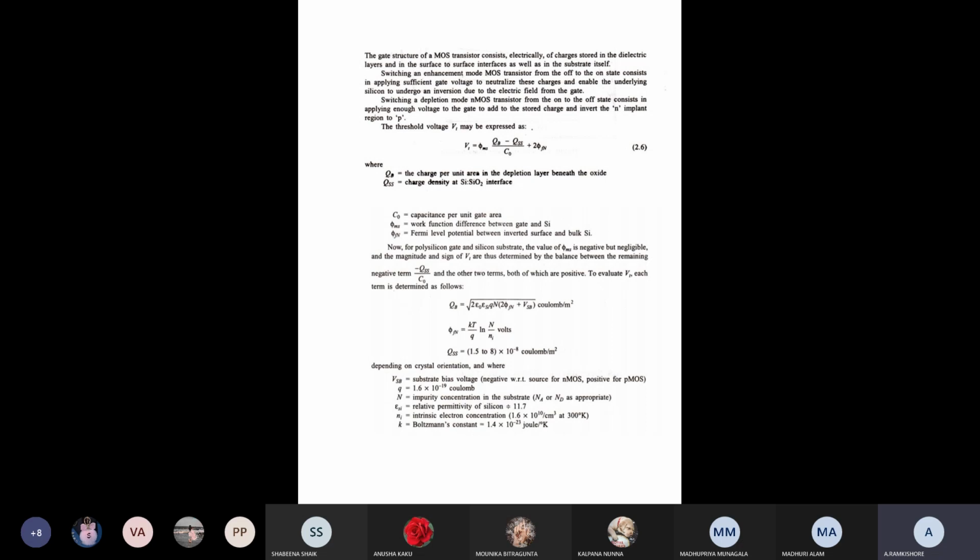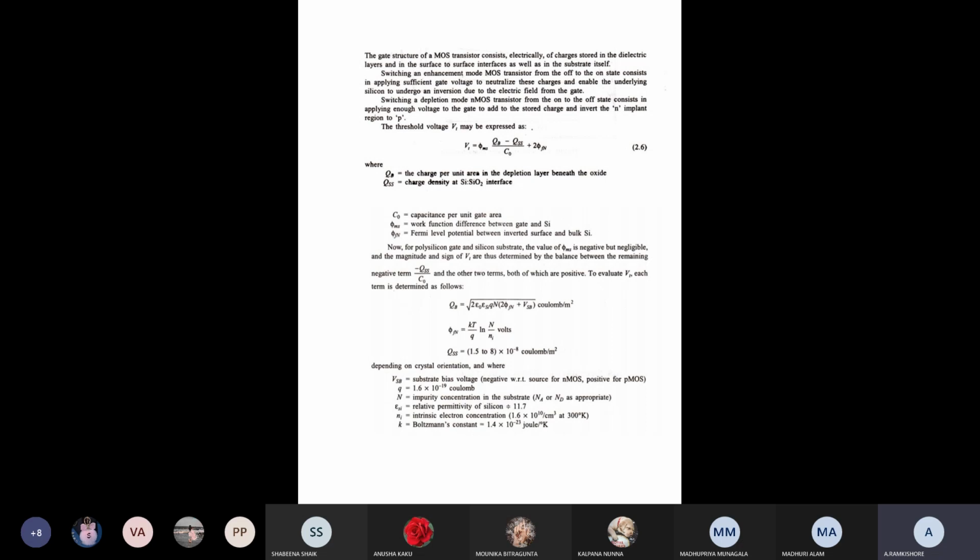The gate structure of a MOS transistor is defined electrically in terms of the charge stored in the dielectric layers, in the surface-to-surface interface, as well as in the substrate itself. Switching an enhancement mode transistor from the off to the on state consists in applying sufficient gate voltage to neutralize these charges and enable the underlying silicon to undergo an inversion due to the electric field from the gate.